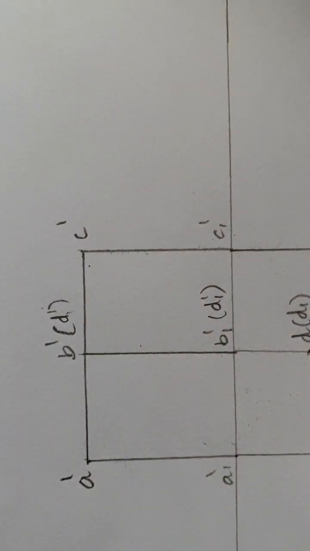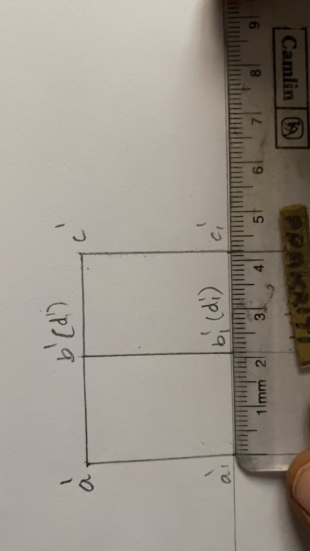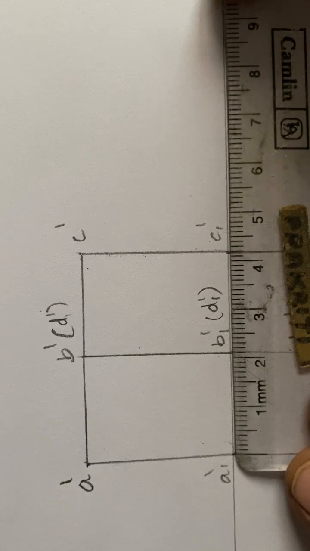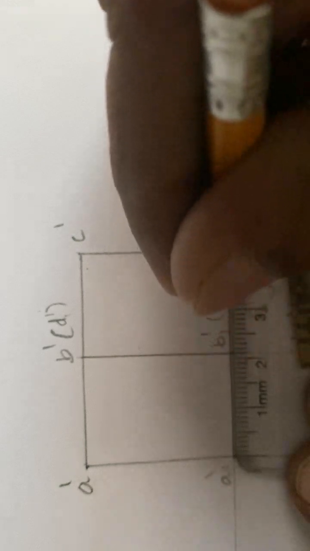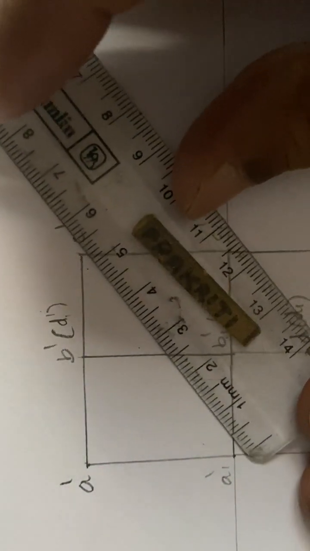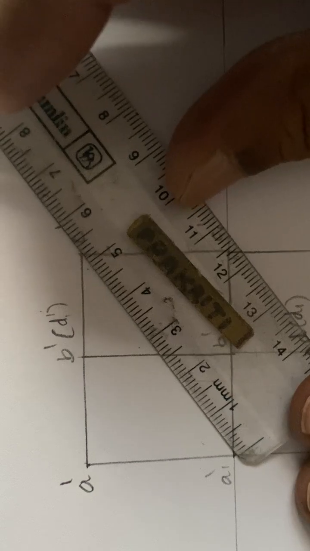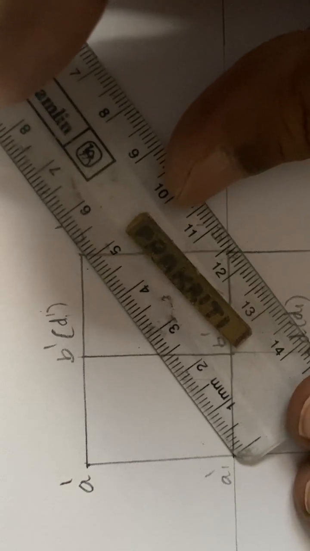Then you join this with a dark line here, 4.2. Then you draw one diagonal like this, from one corner of the cube to the other end corner of the cube.